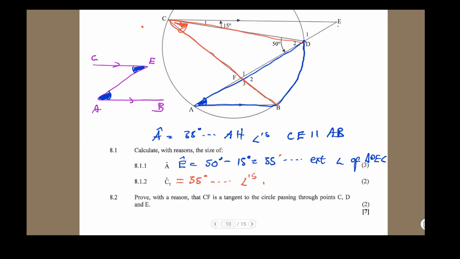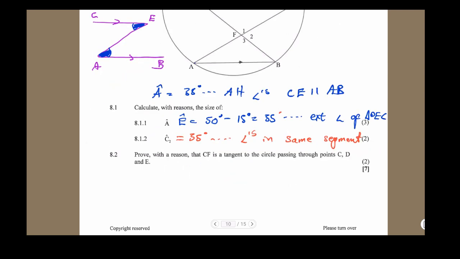Angles in the same segment, same segment. See, they're coming from here, from this B, D, right? So let's move on to the next one.